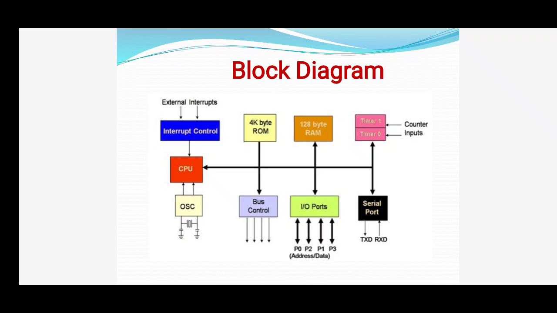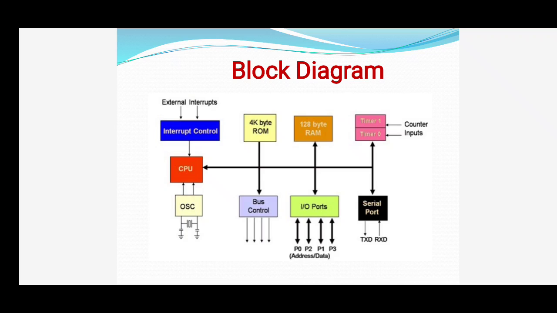As discussed in the last slide, it has 2 16-bit timers, timer 0 and timer 1, plus 2 counter input signals. When timers work as delay devices, they use the internal clock of the microcontroller. But when timers work as counters, two external counter clock inputs are provided for counting.